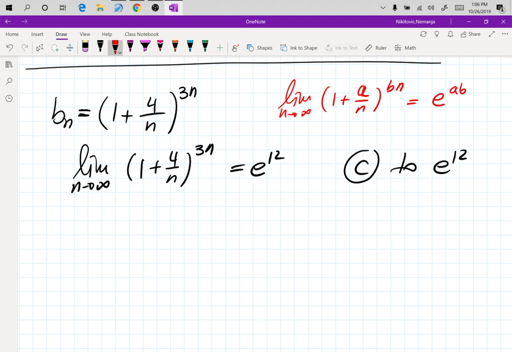That's what I know. Now, the definition for the number e is (1 plus 1 over n) to the n. So no a, no b. When both of those are 1, you get just the definition for e.